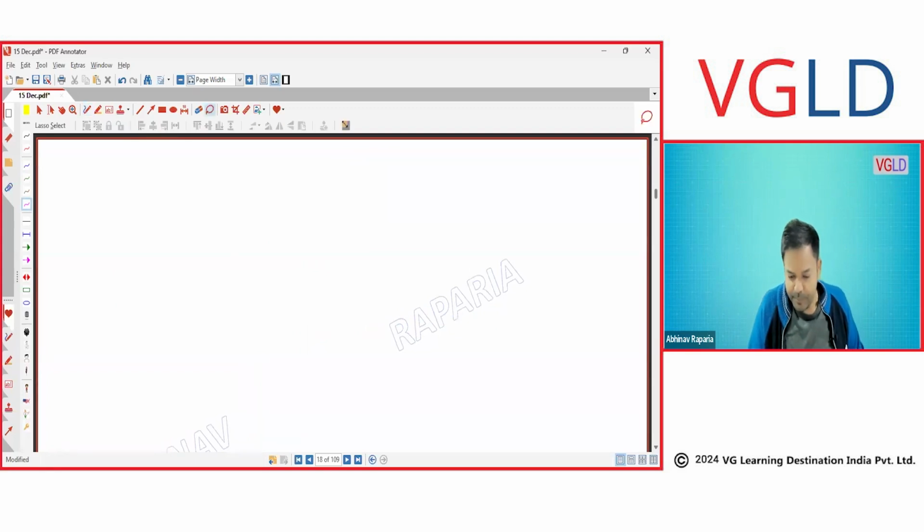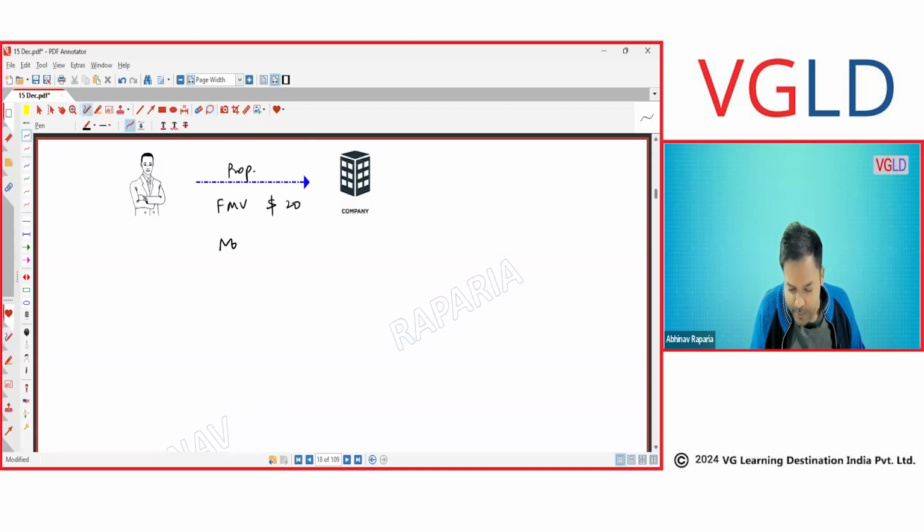For example, if the shareholder is transferring any property for which fair market value is $20, net book value is $100.